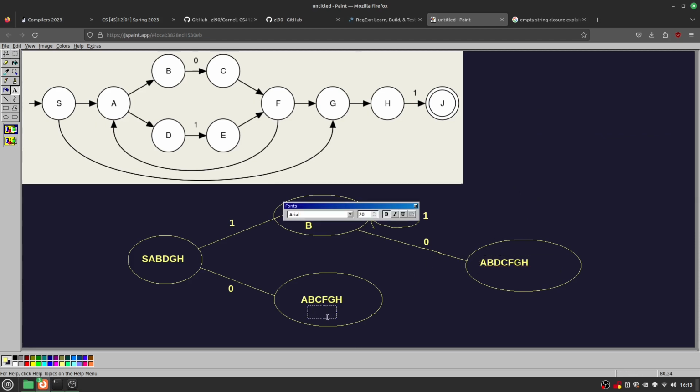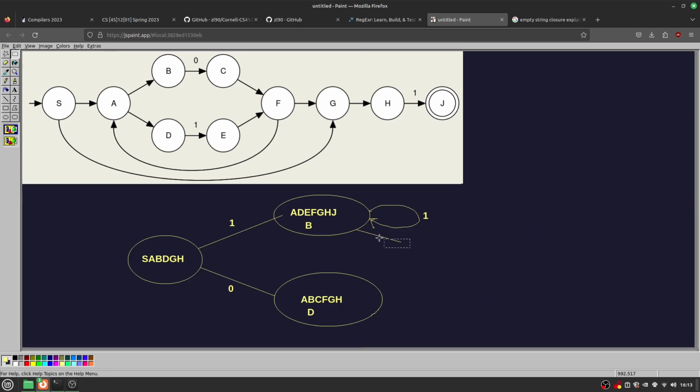Also, this should include D. I forgot that. And now this is actually the same. These two are actually the same, so we can delete that. I think. I hope I'm right.